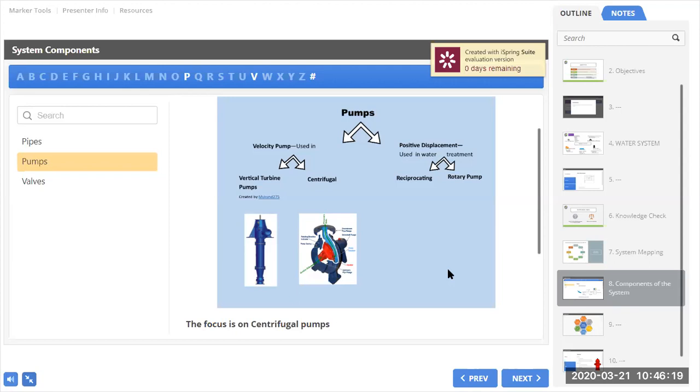Okay, so we have the spinning action that allows it to move the water. And the idea of centrifugal force, when you think of centrifugal force, you could think of that thing that children usually go on in theme parks, entertainment parks.